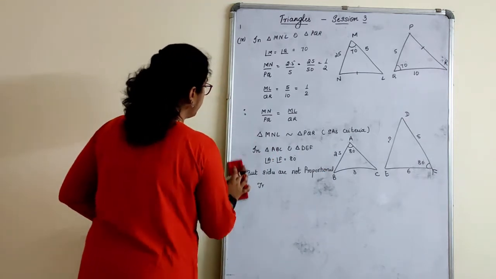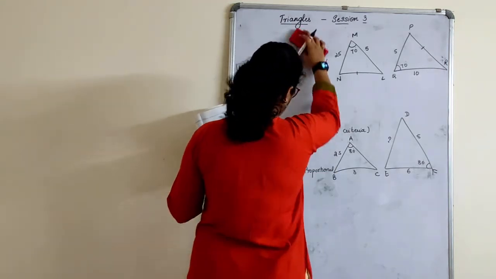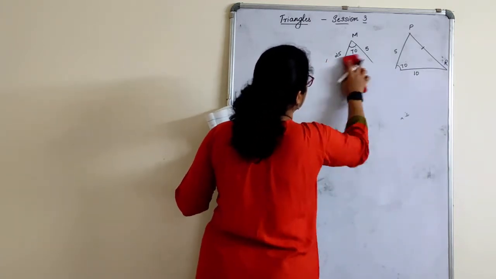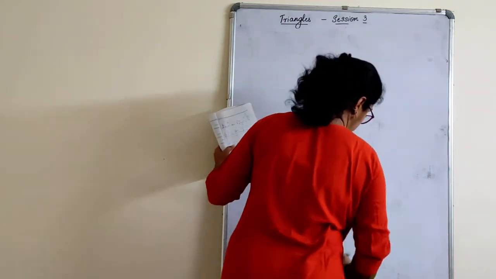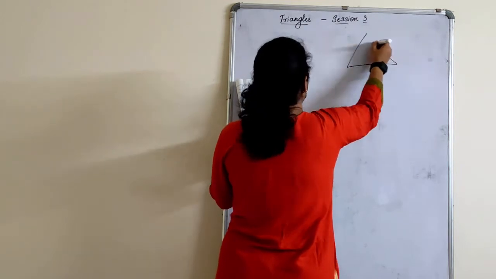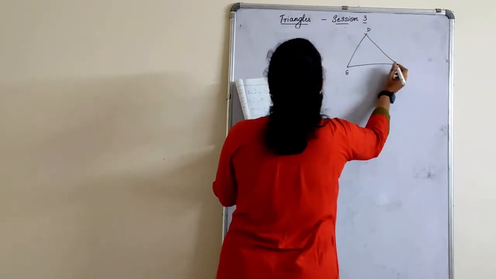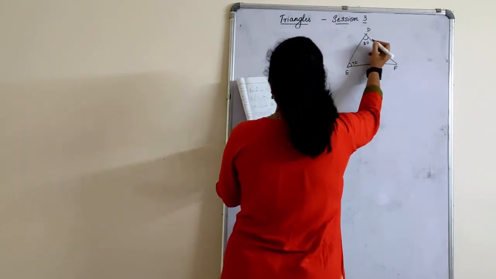And the last one we will do now. Triangles given here are D, E, F. So this is 70, this is 80.